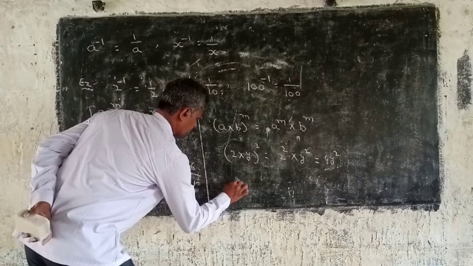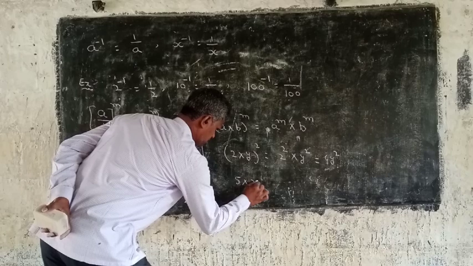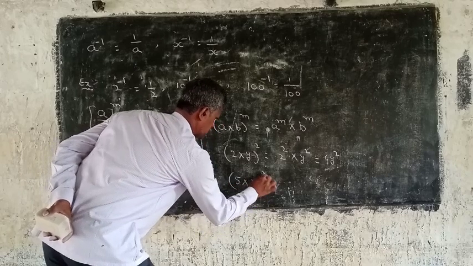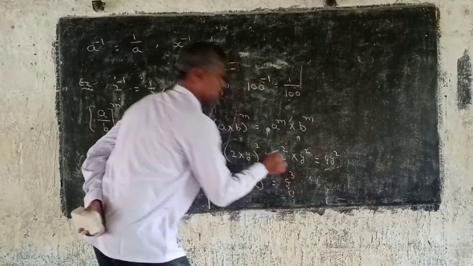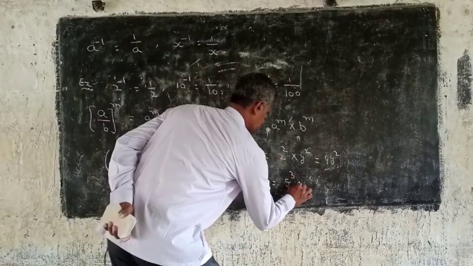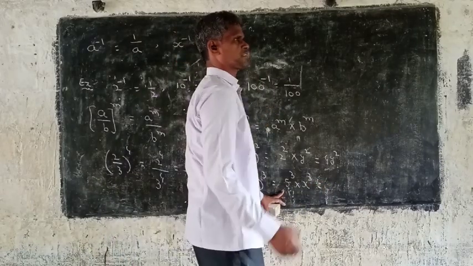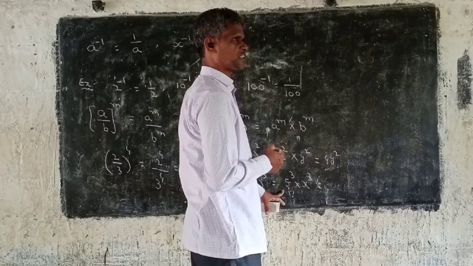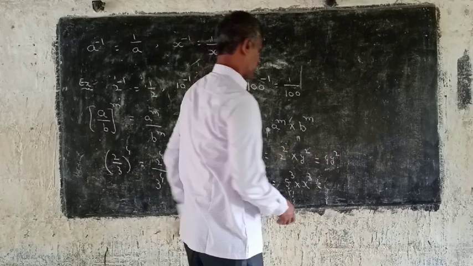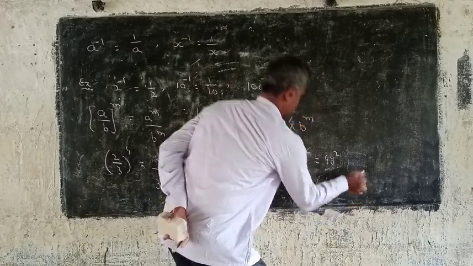Again 5 into x whole cube equal to 5 cube into x cube. 5 cube means 5 into 5 into 5. 5 5s are 25, 25 5s are 125. 125 x cube.